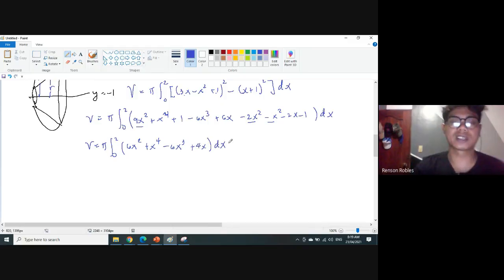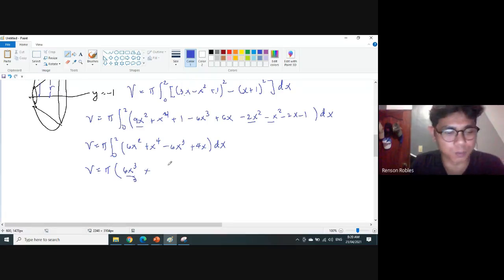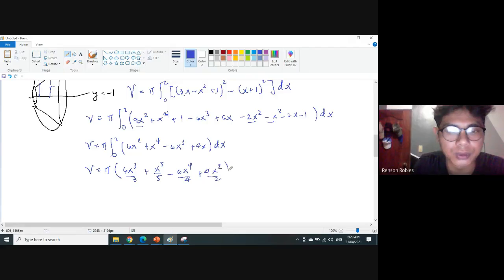Kindly verify this expression, and then you tell me if I should go on. Tama po, sir. Okay, then we integrate: x to the 5 over 5, minus 6x to the 4 over 4, plus 4x squared over 2, evaluated from 0 to 2.